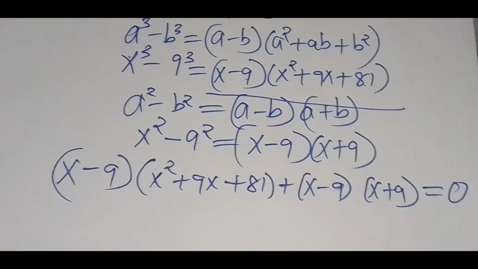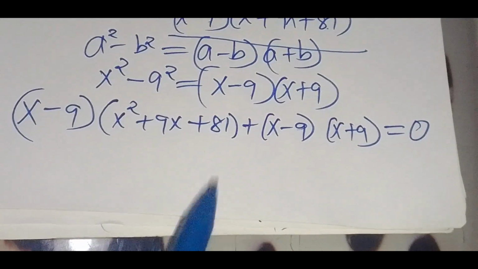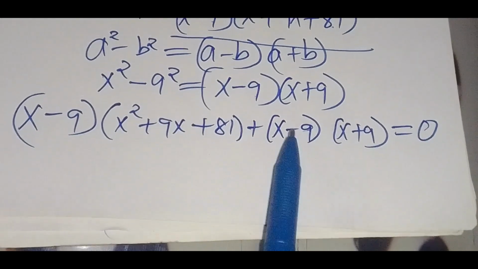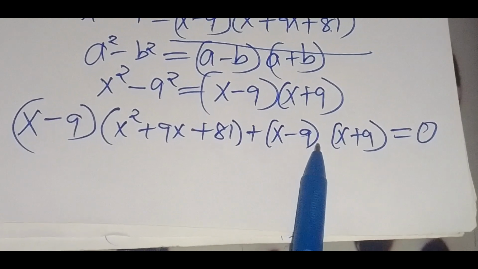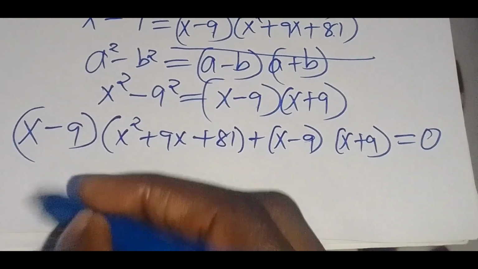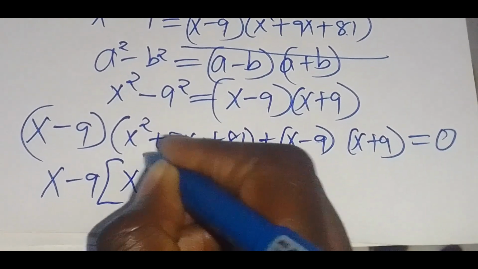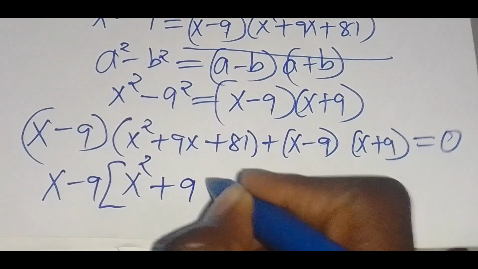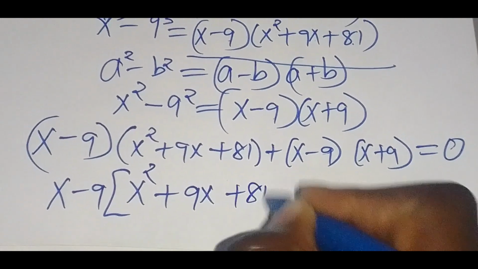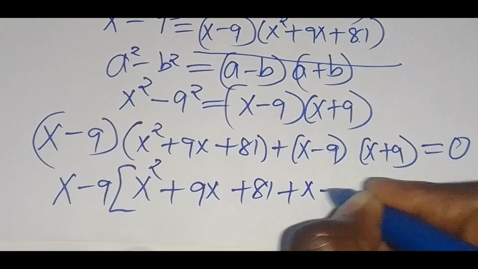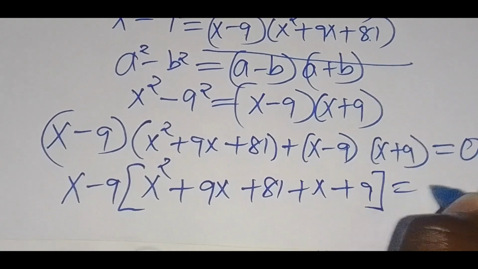Since x minus 9 is common, we factor it out: x minus 9 times the bracket x squared plus 9x plus 81 plus x plus 9, equal to 0.